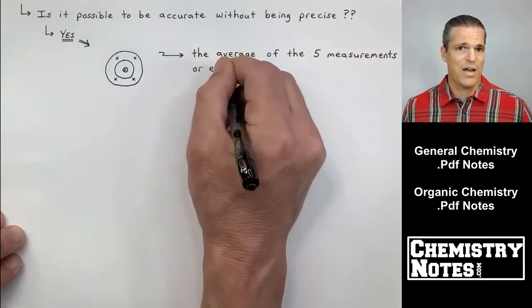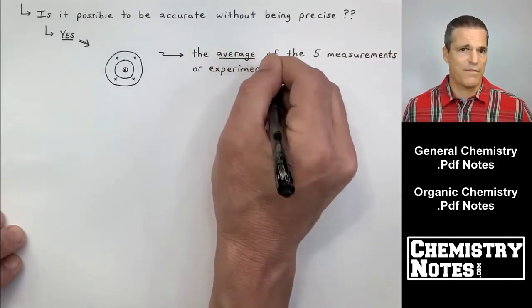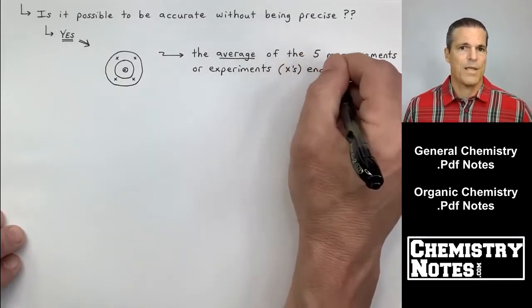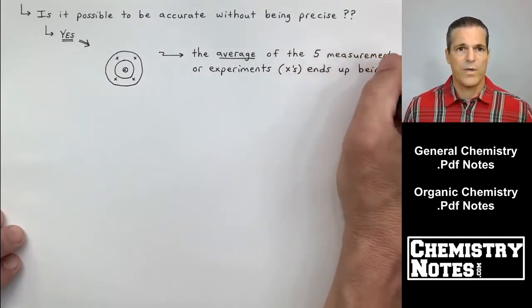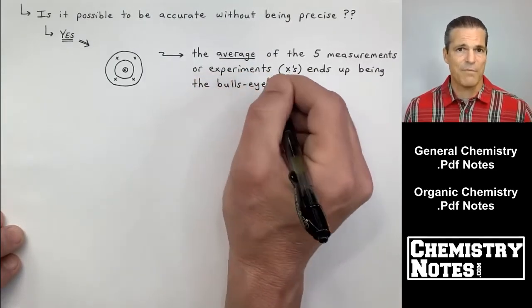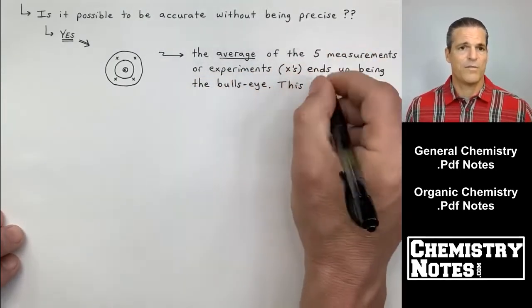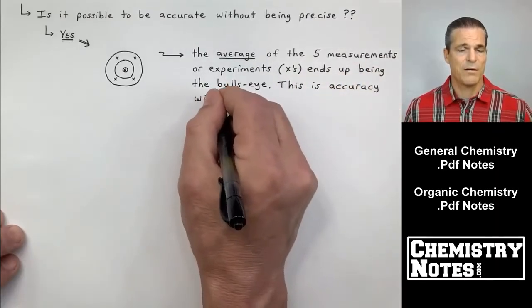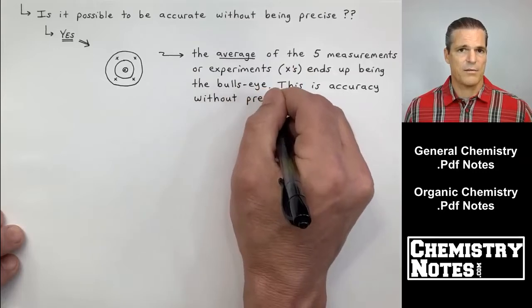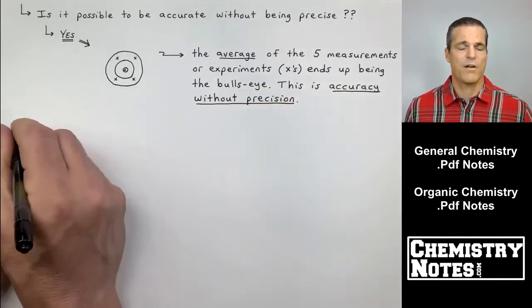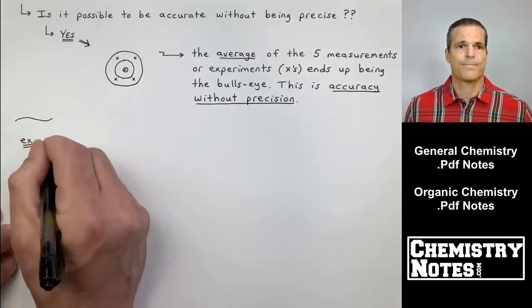The average of the 5 measurements or trials ends up being the bullseye. So we're not precise because the darts are not all on top of each other. So we have no precision, which means we have a lot of human error, but we're accurate. So this is accuracy without precision. Very uncommon, but it does exist.